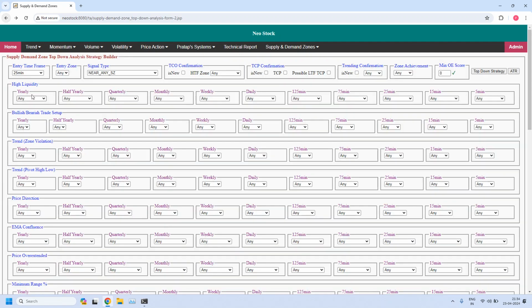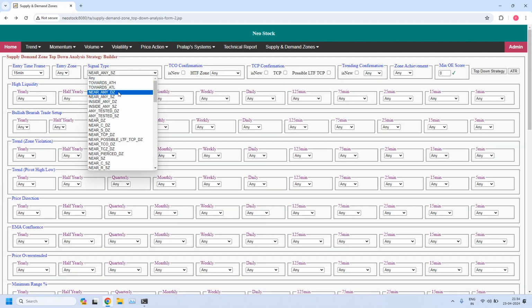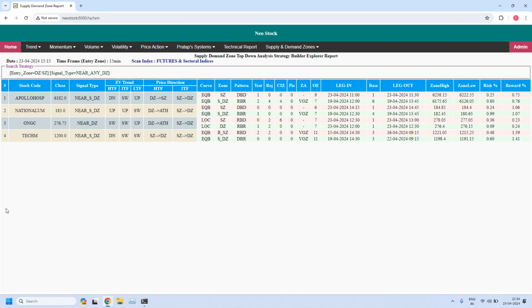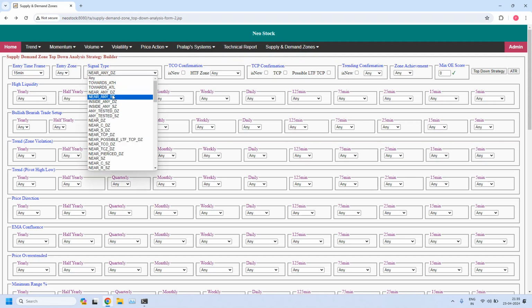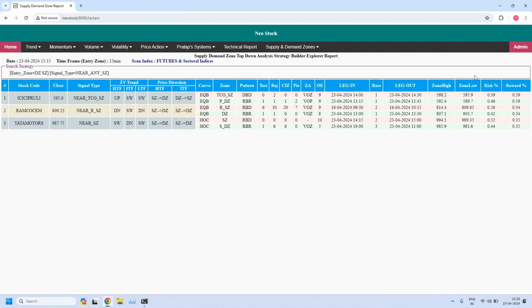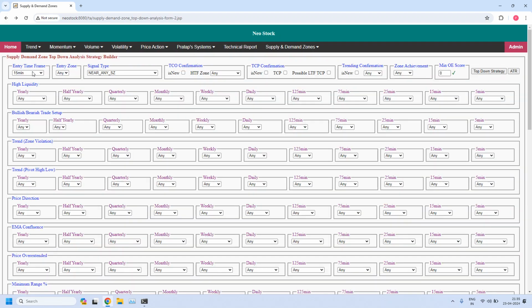I am going back, changing the time frame to 15 minutes. Let us find the stocks near the 15 minutes demand zone. So these 4 stocks are filtered. I am going back. For the 15 minutes time frame, let us find the stocks near the 15 minutes supply zone. So let me go back, changing the time frame to 5 minutes.